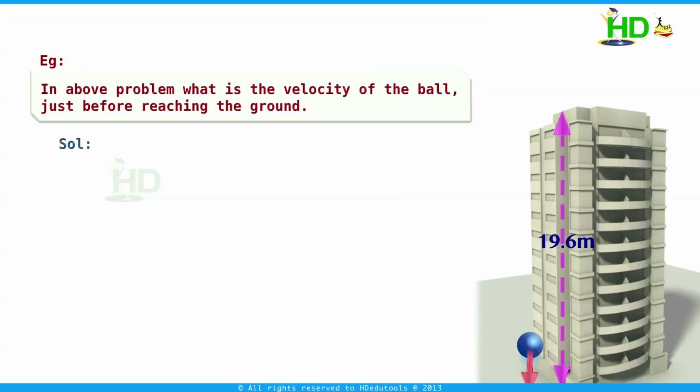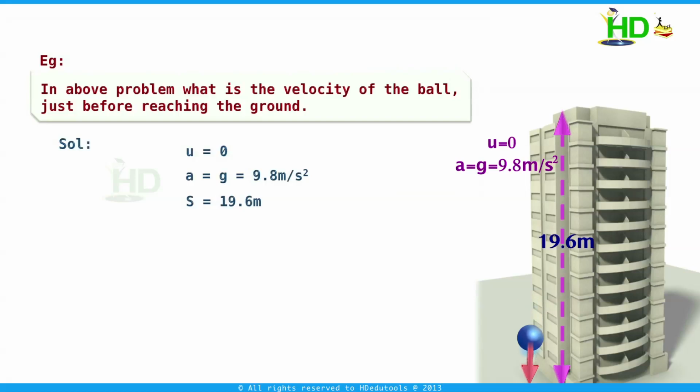We know initial velocity for a freely falling body is 0. Acceleration of the body is a equal to g, which is 9.8 meter per second square, and the displacement it traveled is 19.6 meters. We have to find the final velocity.